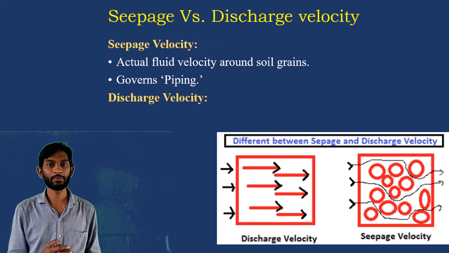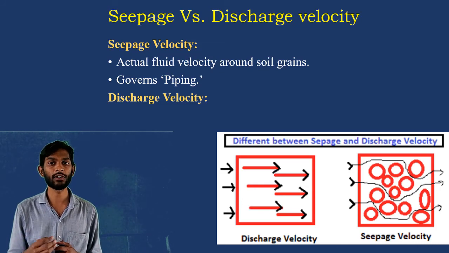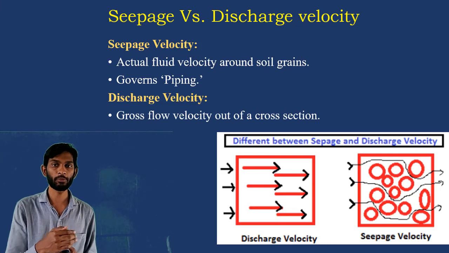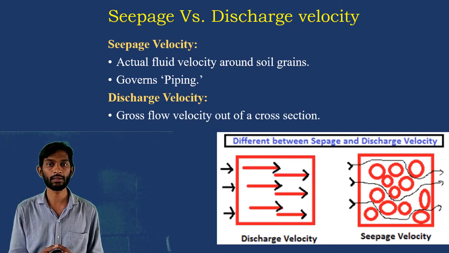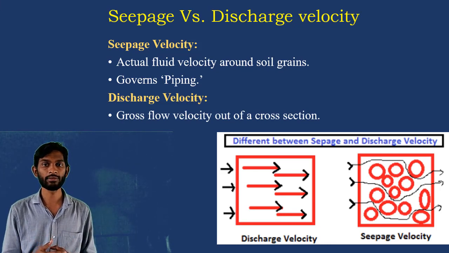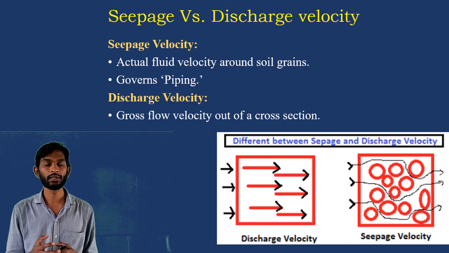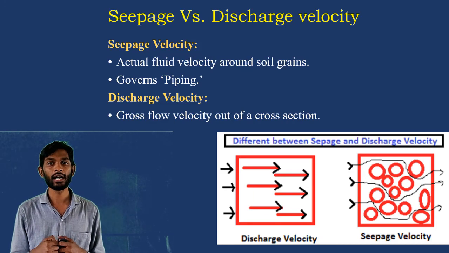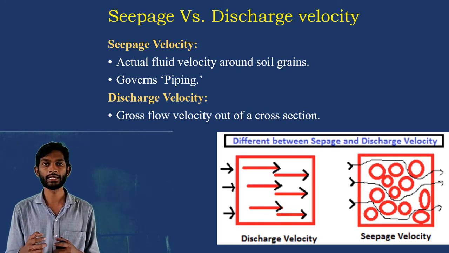Because of the presence of seepage velocity, the phenomenon called piping will occur in earth dams. We will talk about the piping phenomenon in the coming classes. But as of now, just remember that the seepage velocity will influence the piping phenomenon in earth dams or earth retaining walls.